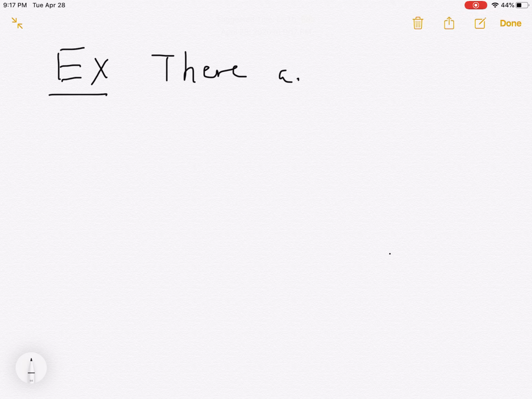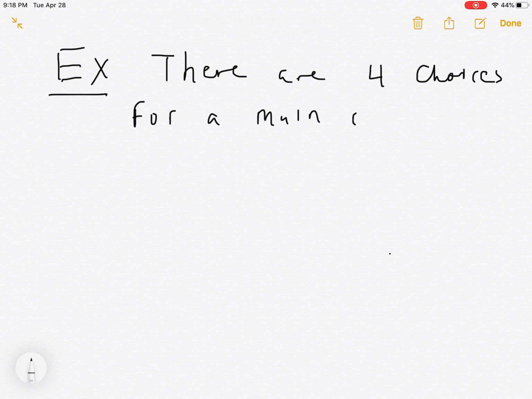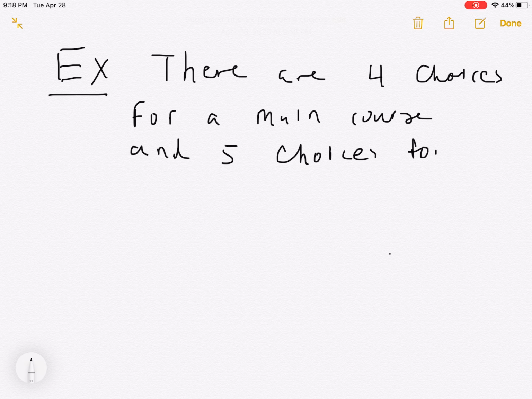There are 4 choices for a main course and 5 choices for a drink.